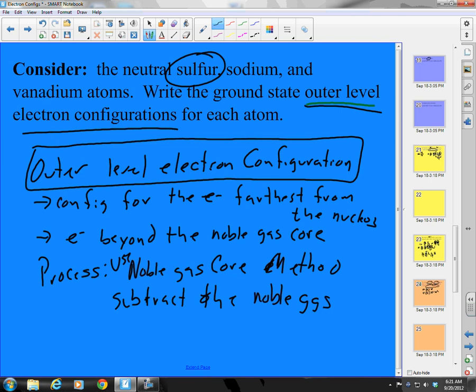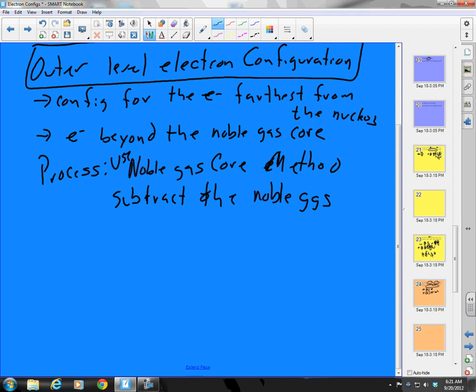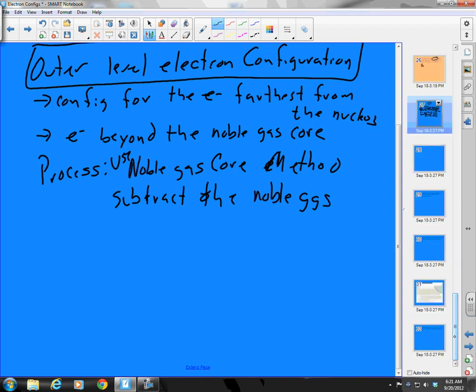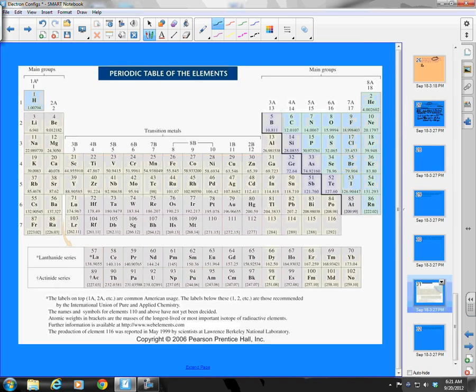So we want to do sulfur. Let's go to our periodic table. Here is sulfur. We want the noble gas core, and I am at electron 16. What is the noble gas prior to number 16? It's number 10, so I start off with neon.